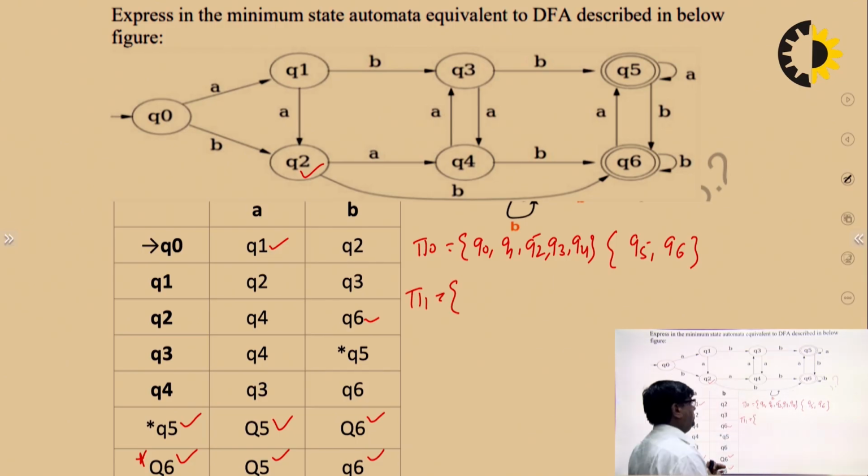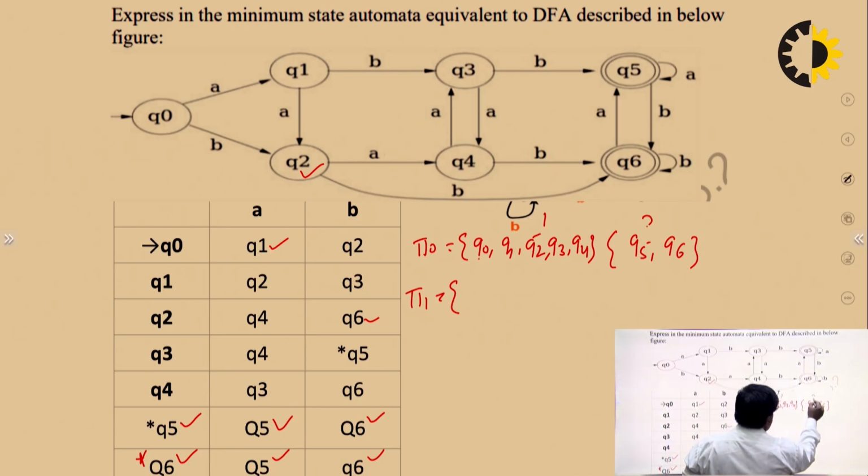First we check Q0 and Q1. Is it a similar behavior? If it is a similar behavior, then they lie in the same group. Now Q0, Q1 and Q2, again check. If they have a different behavior, then they lie in a different group. Now check Q0 and Q1. This is set 1 and this is set 2.